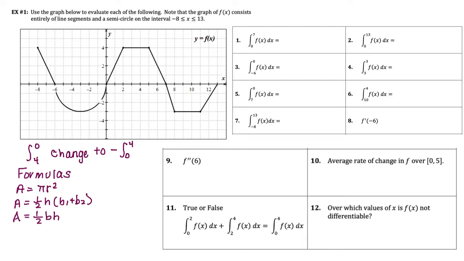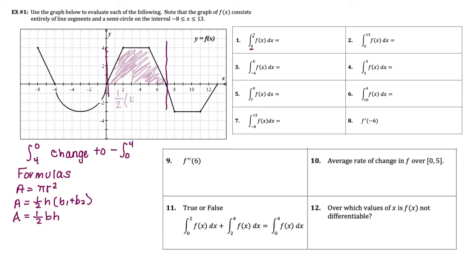All right, so looking at our first question here, we're looking to see our area from 0 to 7. So we're going from 0 to 7. So we're looking for that bounded region there. So we're looking for this area inside here. And so if we do the math for that, then we've got 1/2 the height, which is going to be from here all the way up to here.